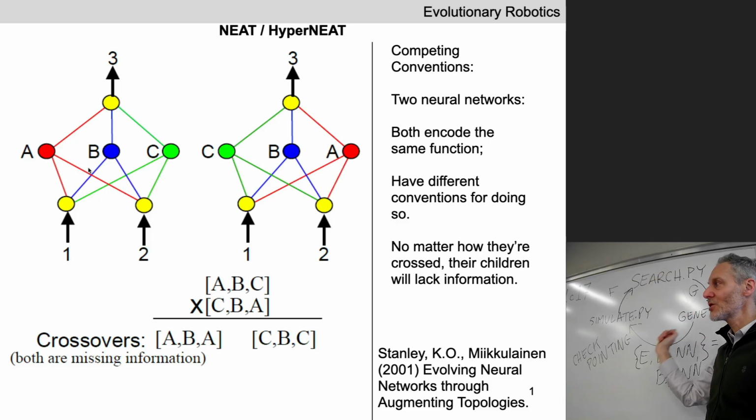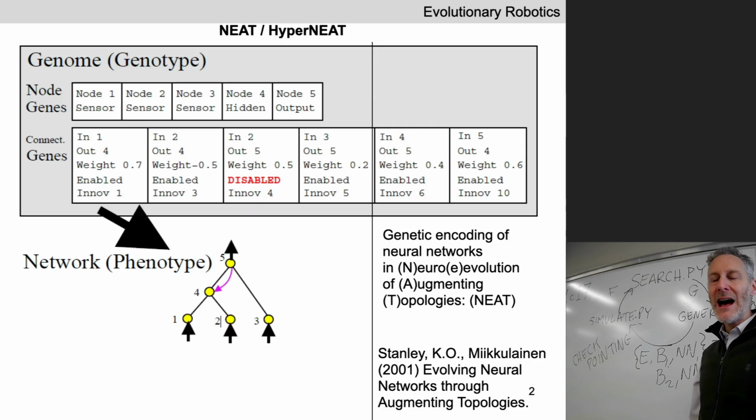You can run your search for hours, days, months, years, and decades, and you might never be able to evolve a neural network that solves the simple exclusive OR problem. So Stanley and Miikkulainen, many years ago now, came up with the NEAT algorithm, which is a way to evolve neural networks so that you can cut them and recombine them and get neural networks that are better than the parents.